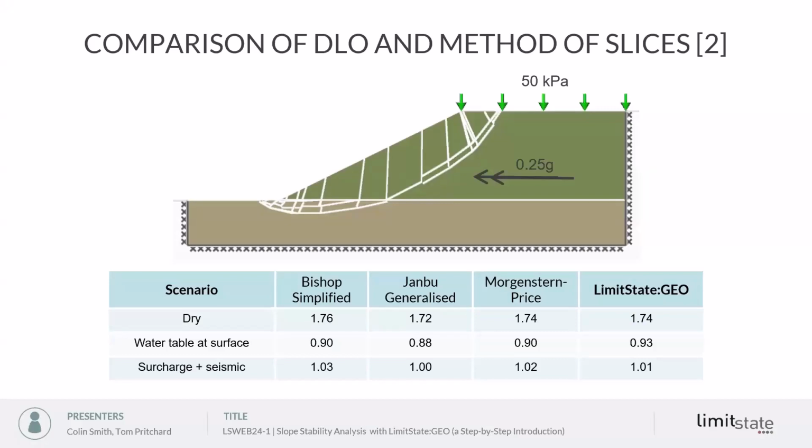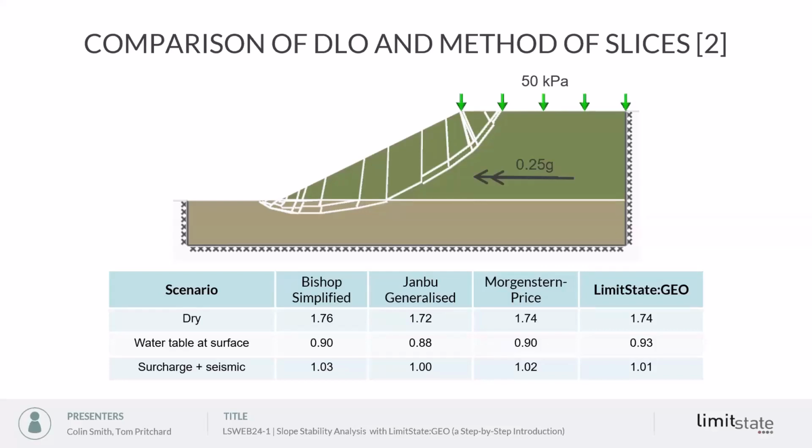It is, however, useful to see that LimitState GEO does give similar results for fairly simple slope stability problems where it typically is pretty much a slip circle. Here's one example of a 2-layer problem. We've put in a scenario for a dry soil, one where we've got the water table at the surface, and one where we've got a surcharge and a seismic load.